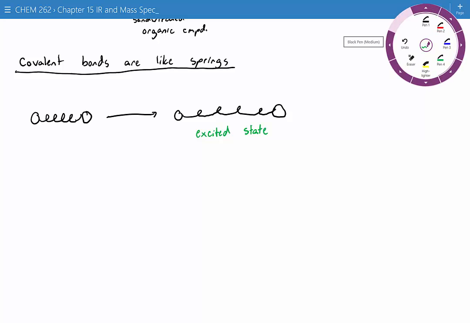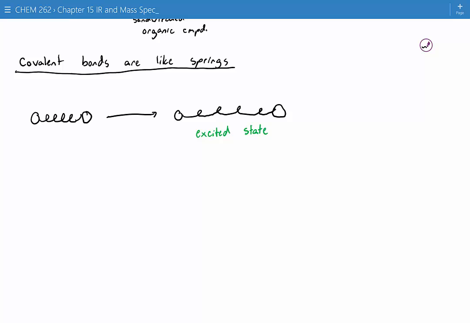If we think about a covalent bond, it's a little abstract to think about, but what we can think of is, let's take ethane, for example. And I'm not going to draw the orbitals for the hydrogens. I'm just going to draw the orbitals for the carbon-carbon sp3 overlap. So we've got an sp3 lobe here, and we've got another sp3 lobe there.